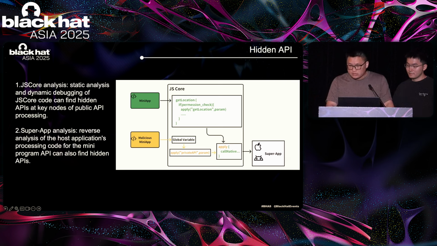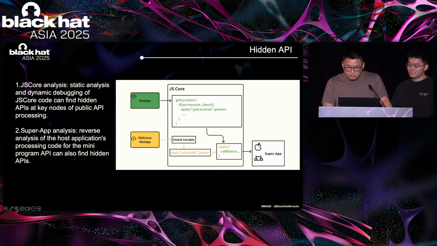Taking the iOS system as an example, Apple officially provides developer documentation outlining the APIs available for developers to use. However, many developers still try to use private APIs that are not in the documentation to implement special functionalities or even to bypass system security restrictions.